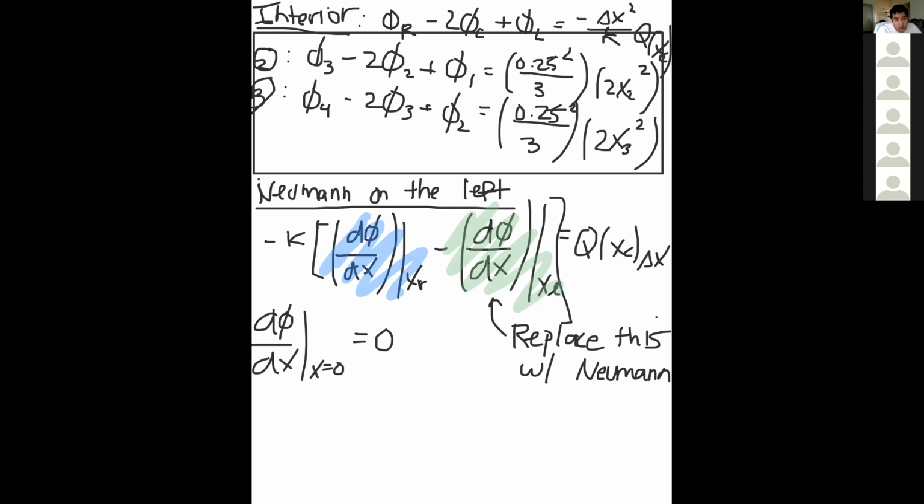Because if you go back to the problem statement, we saw that the Neumann condition with d phi dx at x equal to 0 is equal to 0. Okay. So in this case, it's actually really simple since it's just equal to 0. So if this is equal to 0, then this gets crossed out completely.